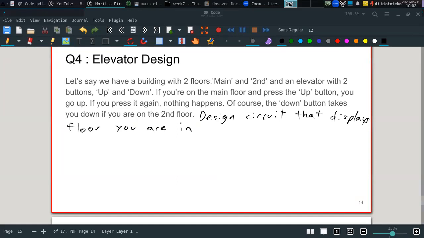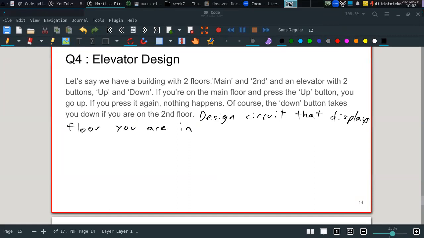So let's say we have a building with 2 floors, main and second, and an elevator with 2 buttons, up and down. If you're on the main floor and press the up button, you go up. If you press it again, nothing happens. Of course, the down button takes you down if you're in the second floor.